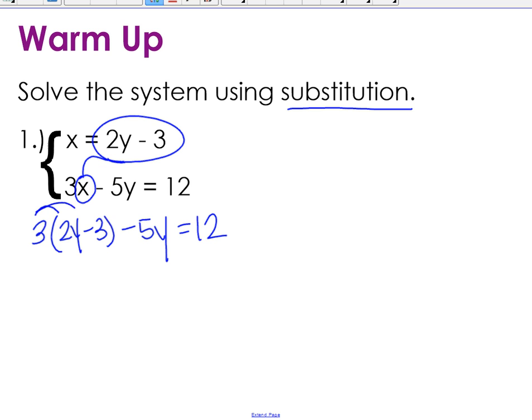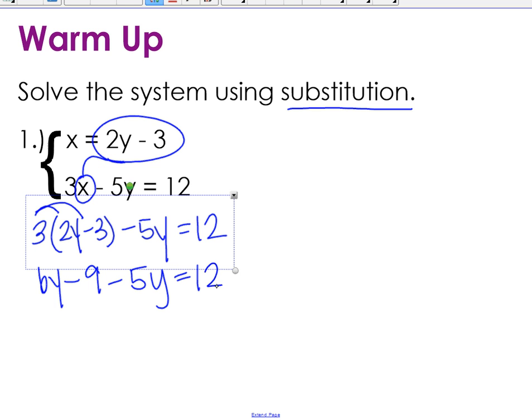Make sure you put that in parentheses, otherwise you're going to have issues. You get 6y minus 9 minus 5y equals 12. When we combine like terms, we end up with 6y minus 5y, which is y, minus 9. And when you add 9 to both sides, you end up with 21. So y is 21.